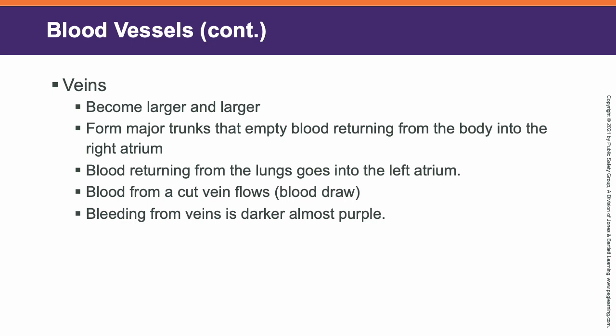Okay. Something else we're going to talk about quite a bit throughout the semester that helps us as first aid providers. Veins are very unstructured. So I like to think of it like this. You have two types of hats, right? You have your flat brim hats that have a high crown in the front that are hard, that don't collapse, right?